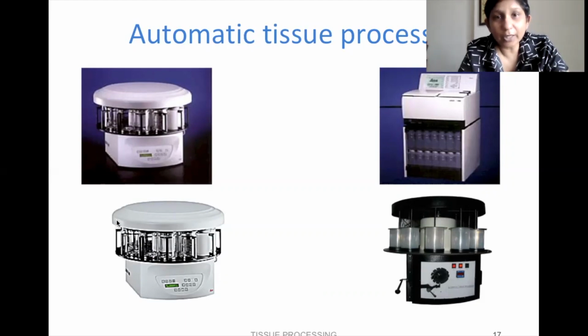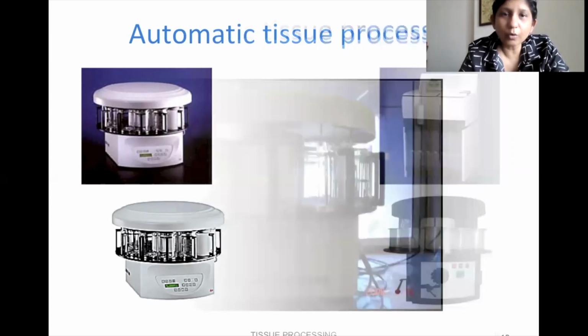Then a couple of them would contain xylene clearing agents in one or two changes. Then the next ones would contain molten wax in one or two changes for impregnation, and then ultimately it will come out. Once the tissue goes through all of these automatically, this is run by a motor, and it would rotate and go through each of these beakers. Your tissue at the end of the preset cycle is ready for section cutting. So that's how we get it.